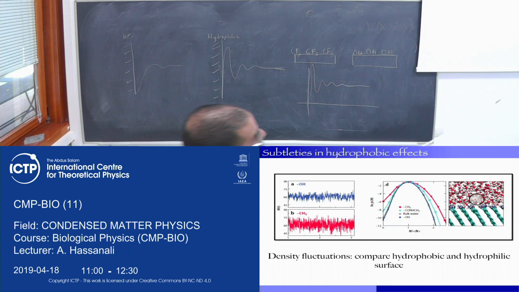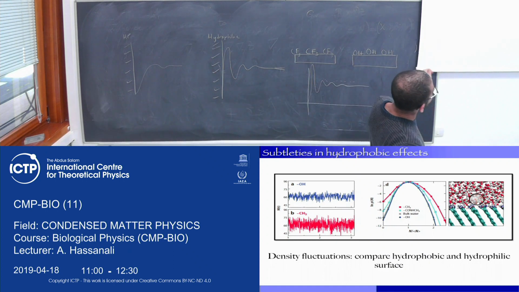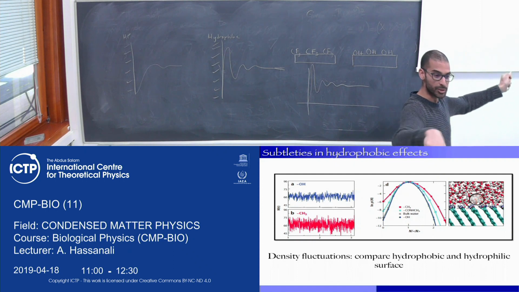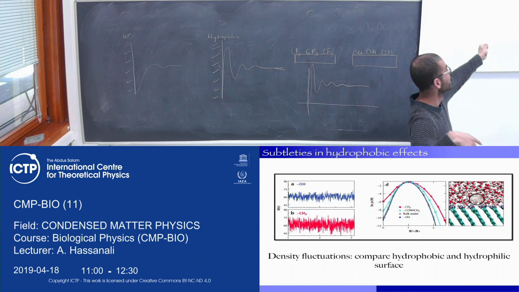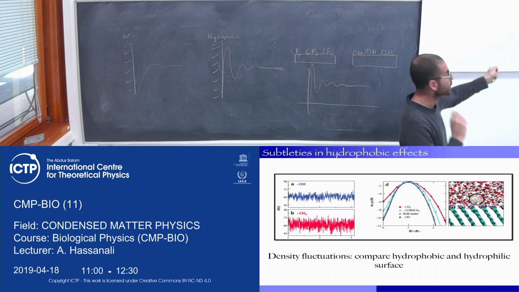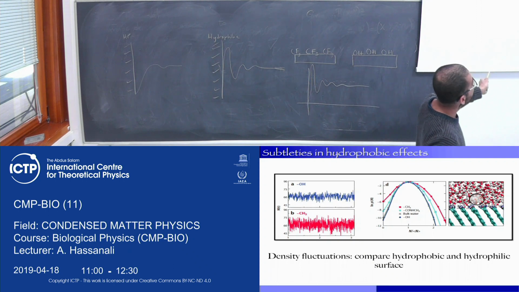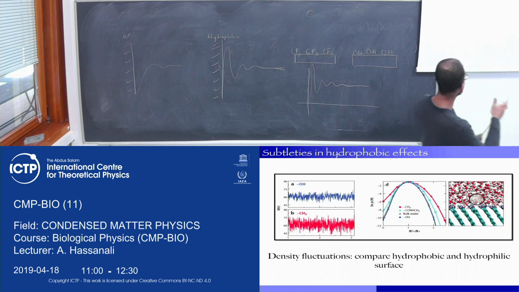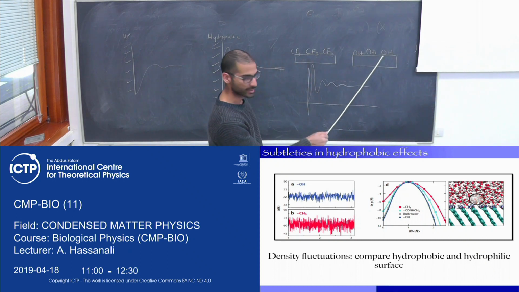And this is what's quantified here. These are exactly the same types of distributions that I showed you earlier on, these Gaussian-like probability distributions of finding a cavity near the hydrophobic surface, so this one versus this one.